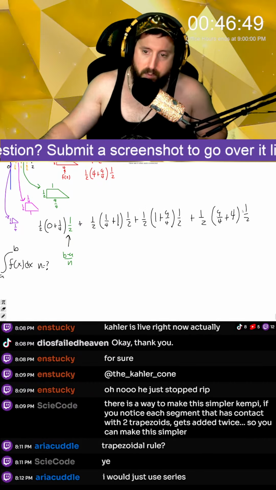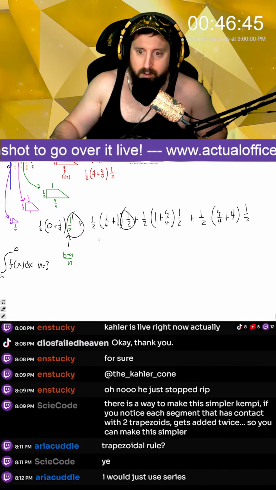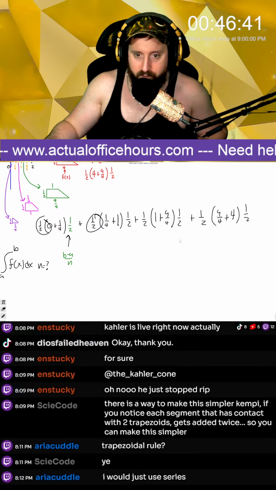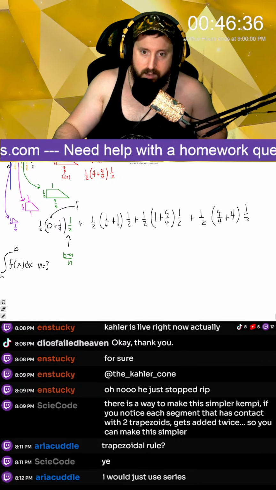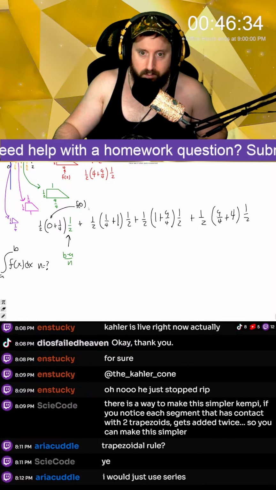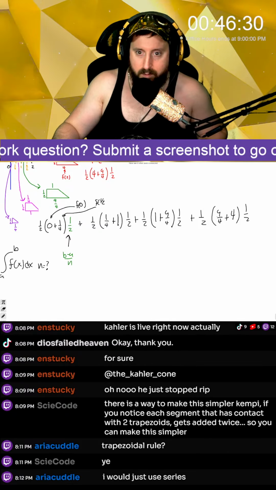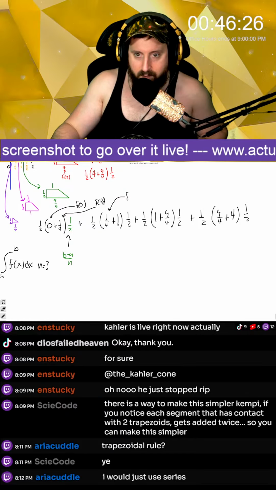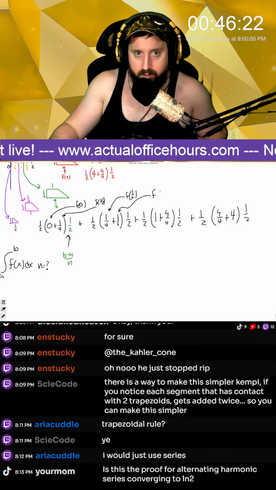So you should notice a pattern here, right? Do you see how everything's getting multiplied by 1/2 here? And then everything's also getting multiplied by 1/2 because of just what the trapezoidal rule is? And notice how this, for instance, was f of 0. This was f of 1/2. This one was f of 1/2. This is f of 1.